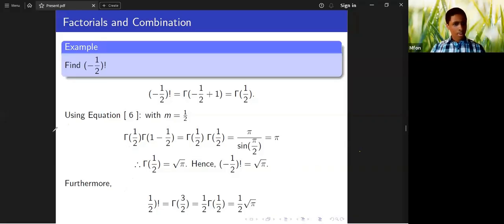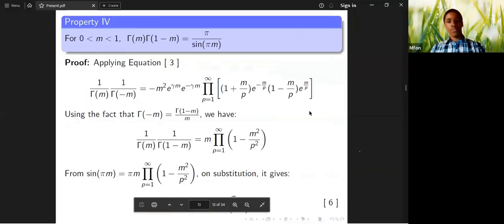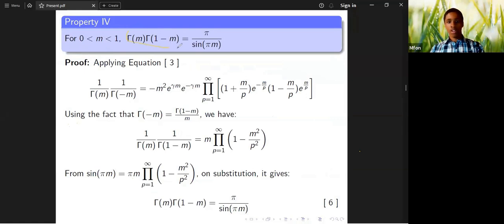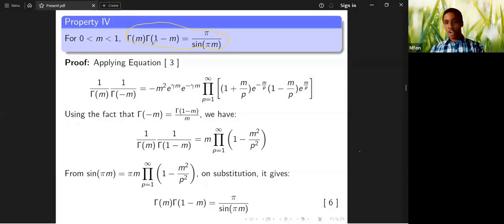Let's see. My screen is okay. So from property 4, we can see that gamma m times gamma 1 minus m is equal to pi over sine pi m. So what we're going to do here is replace the value of m with half.